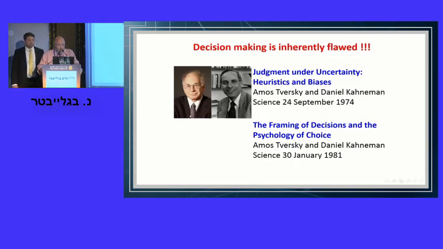And those two Israeli gentlemen, Professor Daniel Kahneman and Professor Amos Tversky, zichrono livracha, shattered to pieces our view of rationality and of rational decision-making in the 70s and in the 80s. Professor Kahneman won the Nobel Prize in 2002.